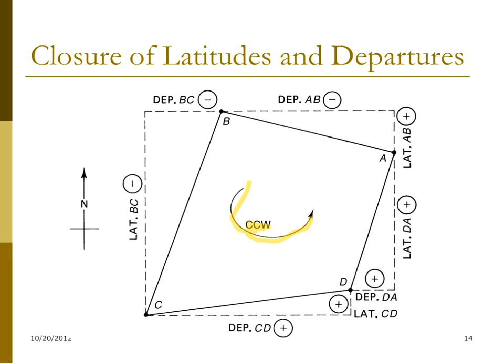So the distance from here to here is the latitude of AB. The distance from here to there is the departure of AB. Then when we move from B to C, we have the departure of B to C, then the latitude of B to C, the departure of C to D, the latitude of C to D, the departure of D to A, the latitude of D to A.